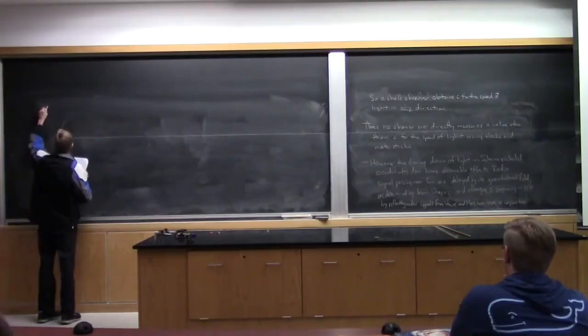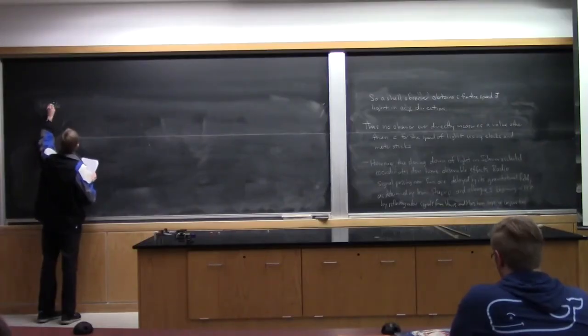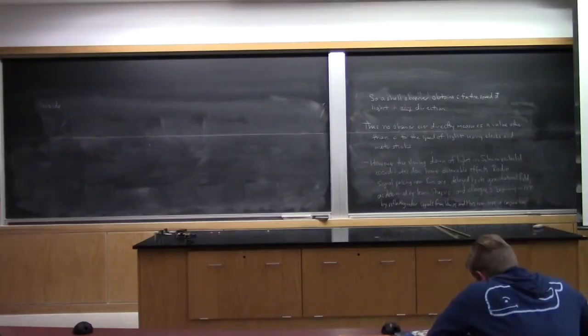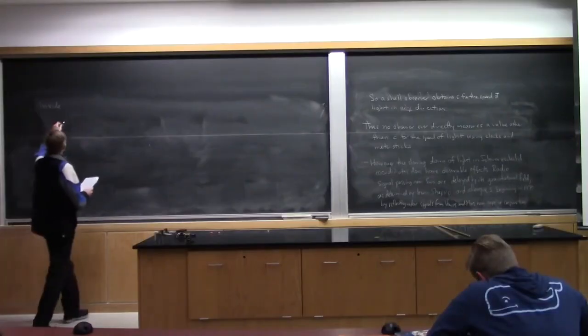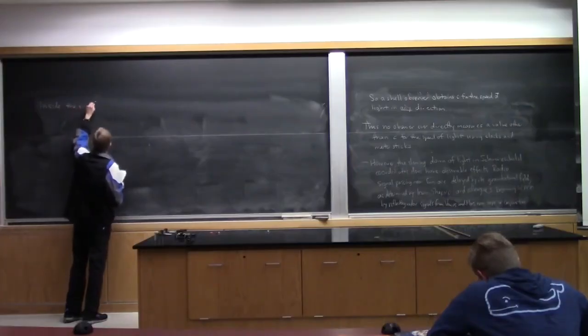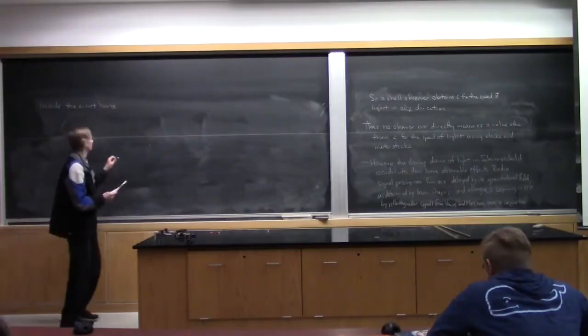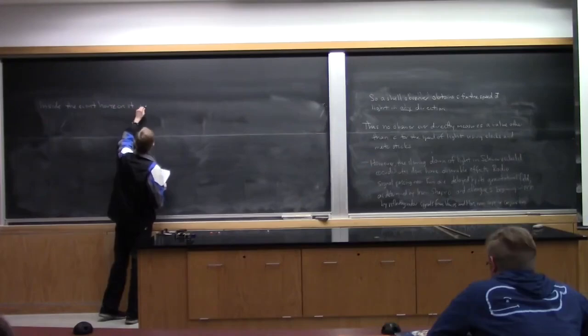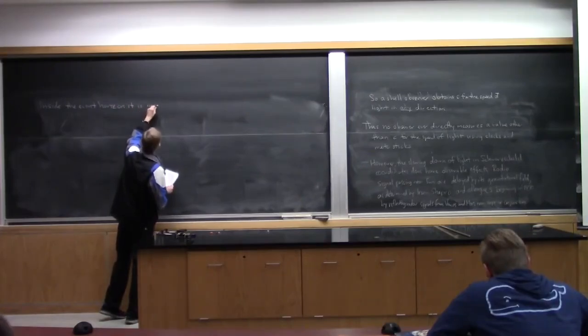So here's a fun thing. Inside the event horizon, it is impossible for an object to be at rest. In other words, you going down, you're going to get to the singularity. You can't hover.